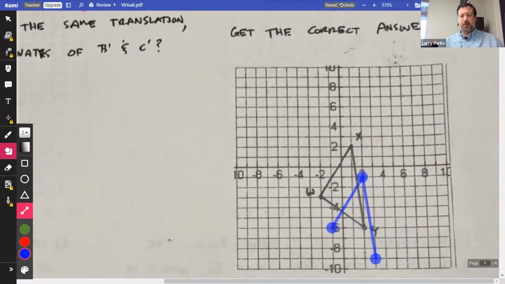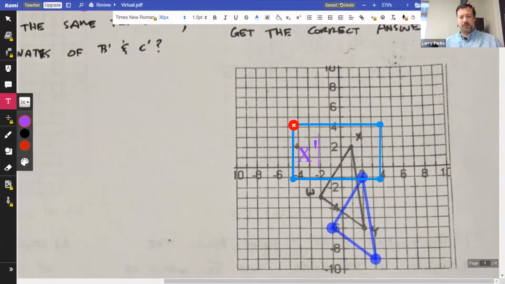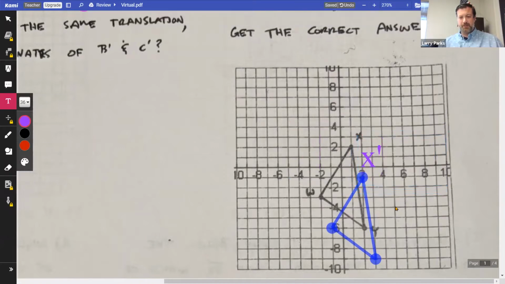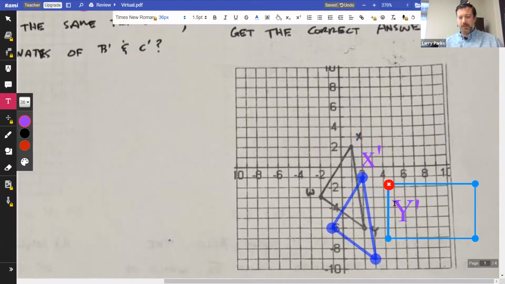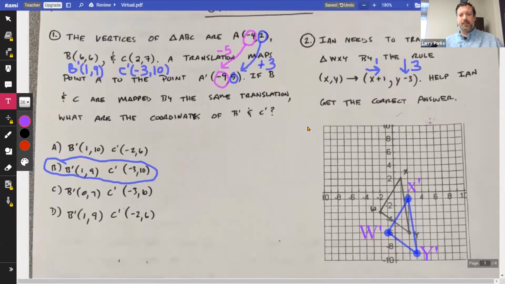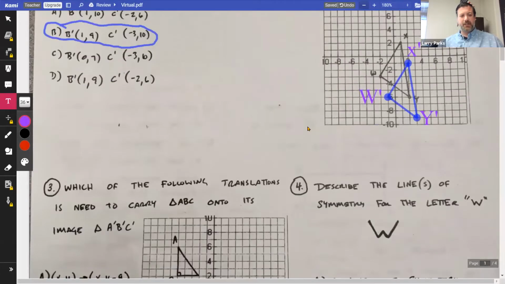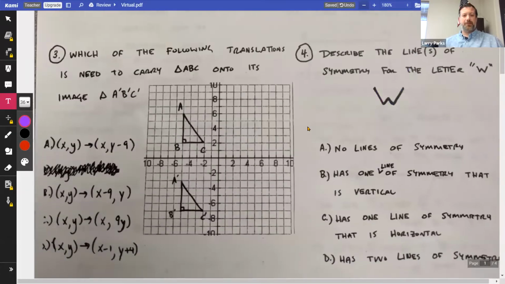It'd be x prime, y prime, w prime. Go read and make sure I did everything it asked. It said Ian needs to translate, help him get the correct answer. I did. Okay.